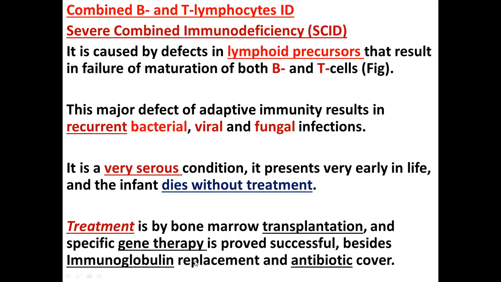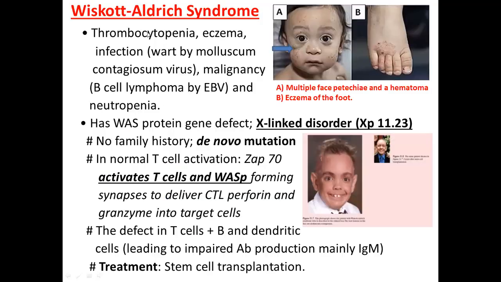Wiskott-Aldrich syndrome. It is a syndrome composed of thrombocytopenia, eczema, infection by what? Warts by molluscum contagiosum, malignancy, B-cell lymphoma by EB virus, and neutropenia.